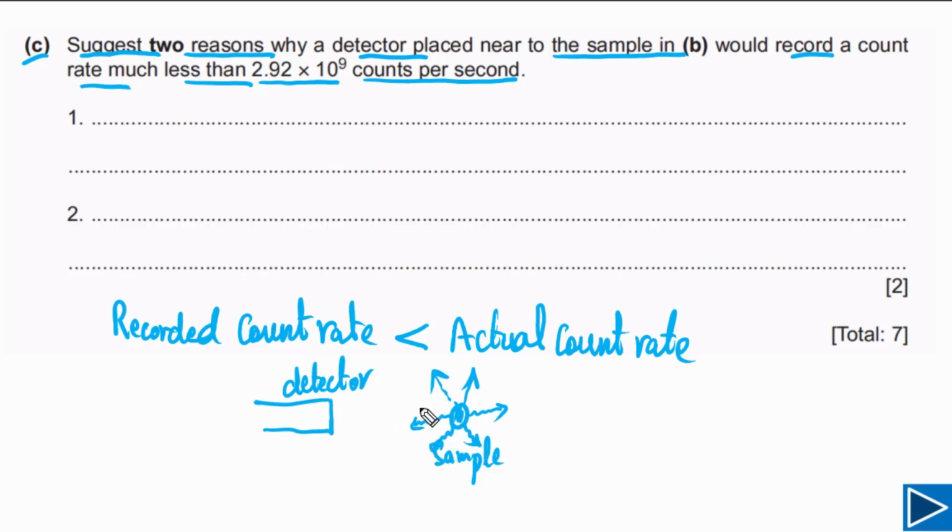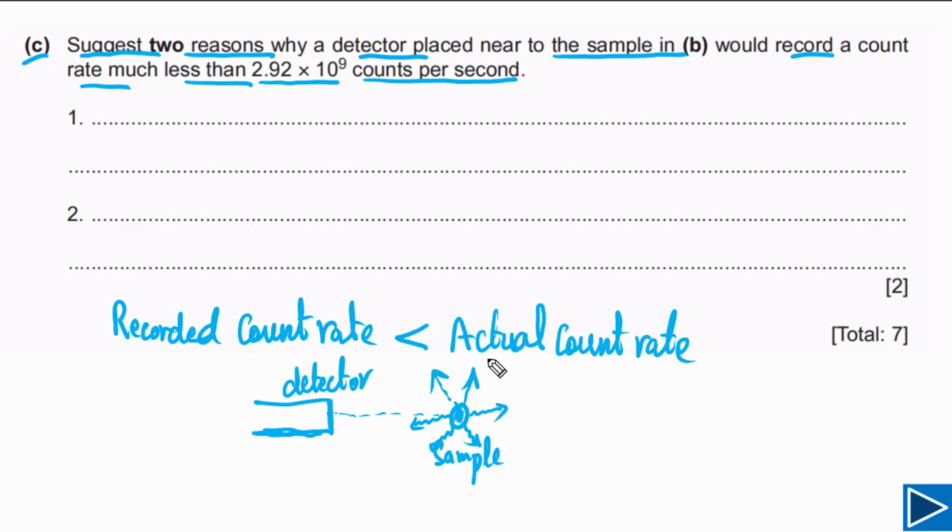So this detector will only detect radiations reaching it. So we can say the radioactive sample emits radiations in all directions, but the detector will only detect radiations reaching the detector. That's the reason the activity will be much greater than the count rate detected by this detector. So this is one reason.